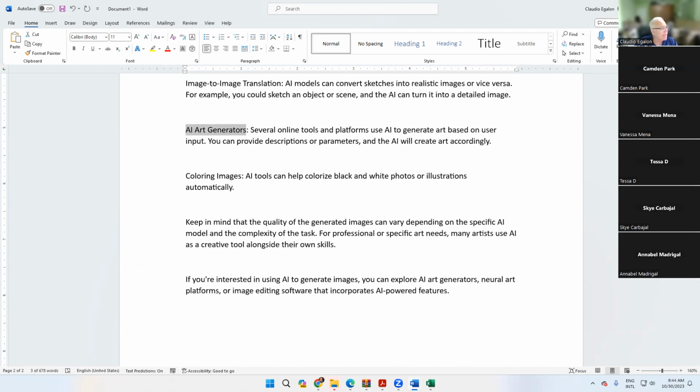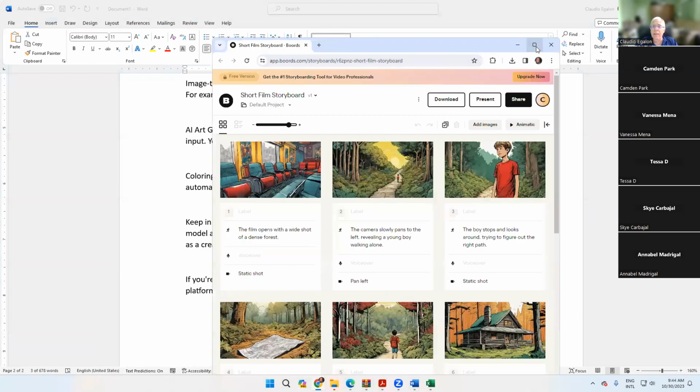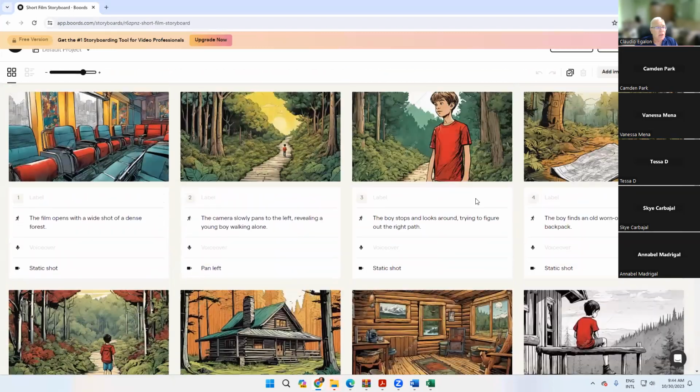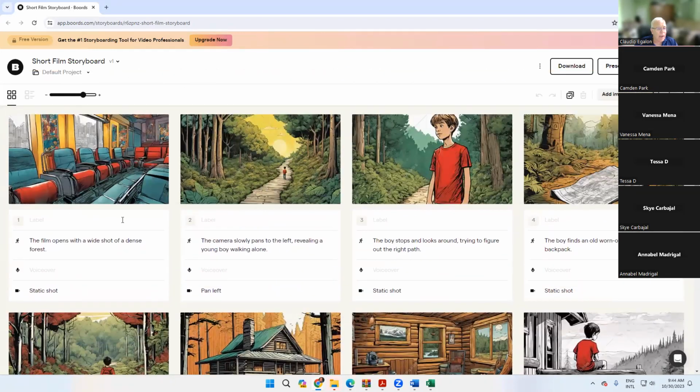But the one that I liked the most, I found one specifically for storyboards. Storyboards are used to illustrate the scenes of a movie, okay? They call them boards. Do you see that? All those images were generated by an artificial intelligence. This picture that you see right here was my interaction with this artificial intelligence.